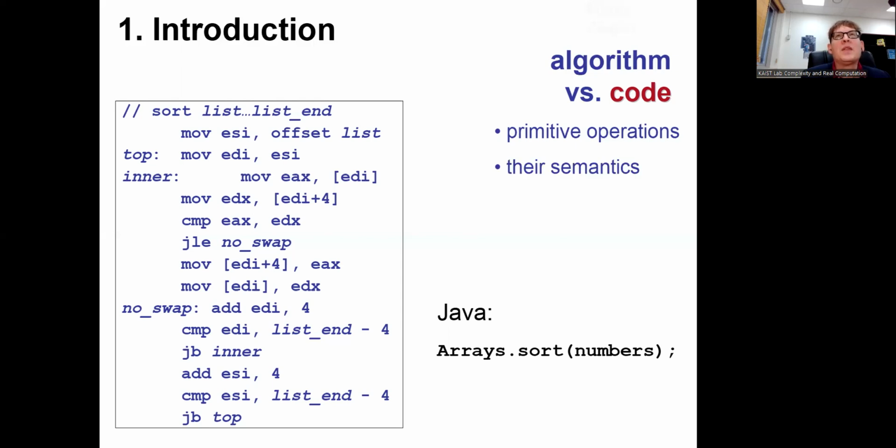Also, the semantics of these operations has to be clarified in advance. For example, when we operate on integers, the add instruction here, as we can see, operates not on mathematical integers, but on hardware integers, which have 32 bits length, which means there's a wraparound happening after adding 2 to the 32 minus 1.